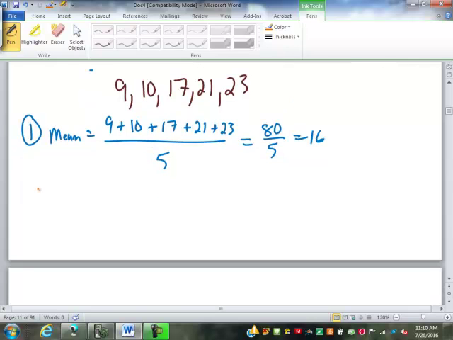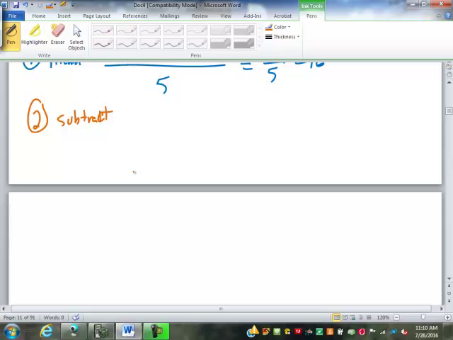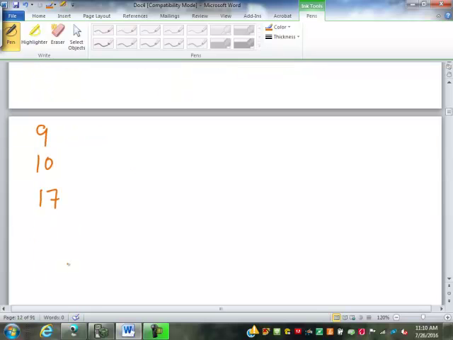What's step 2? We're going to subtract the mean from each. You got it. So 9, 10, 17, 21, and 23.